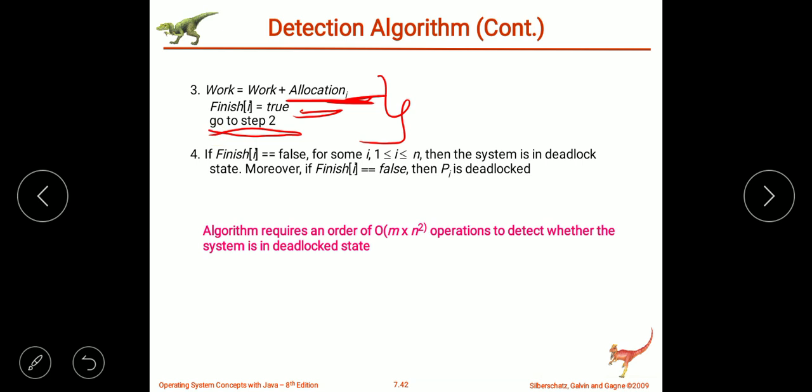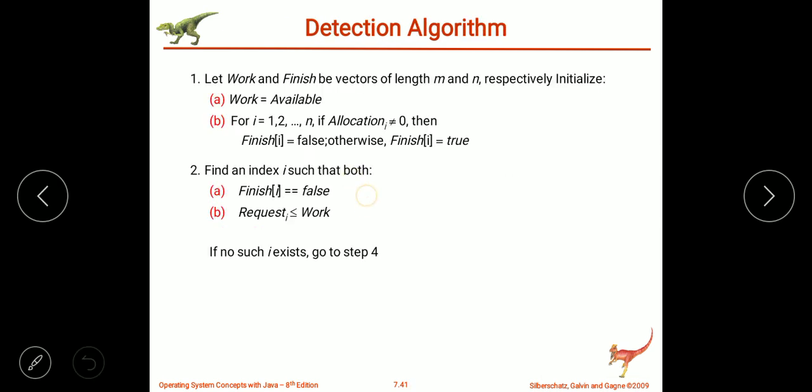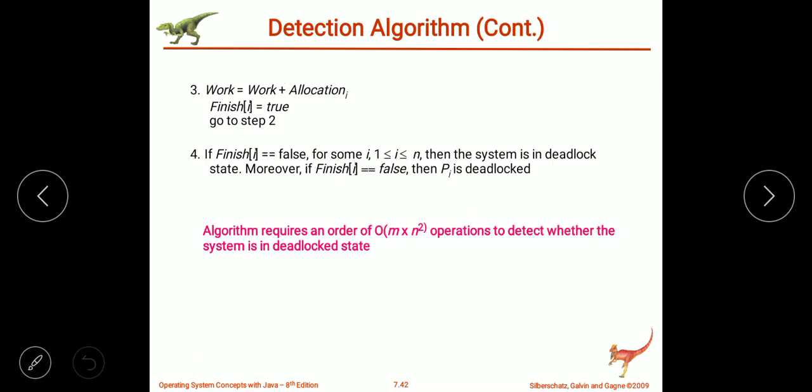So we are going to repeat this process until we cannot find any such process which satisfies these two conditions. Until then, we are going to repeat this process. Finally, we will be checking the condition.